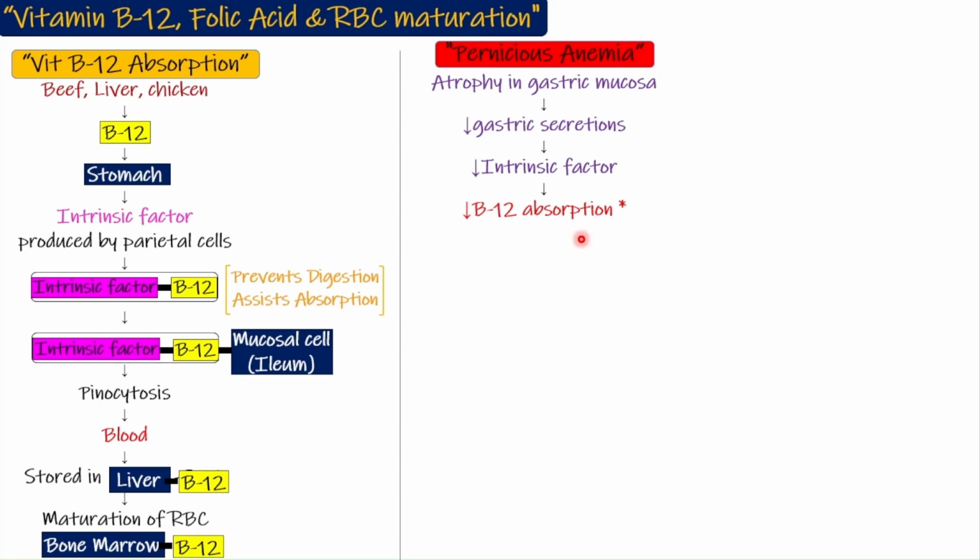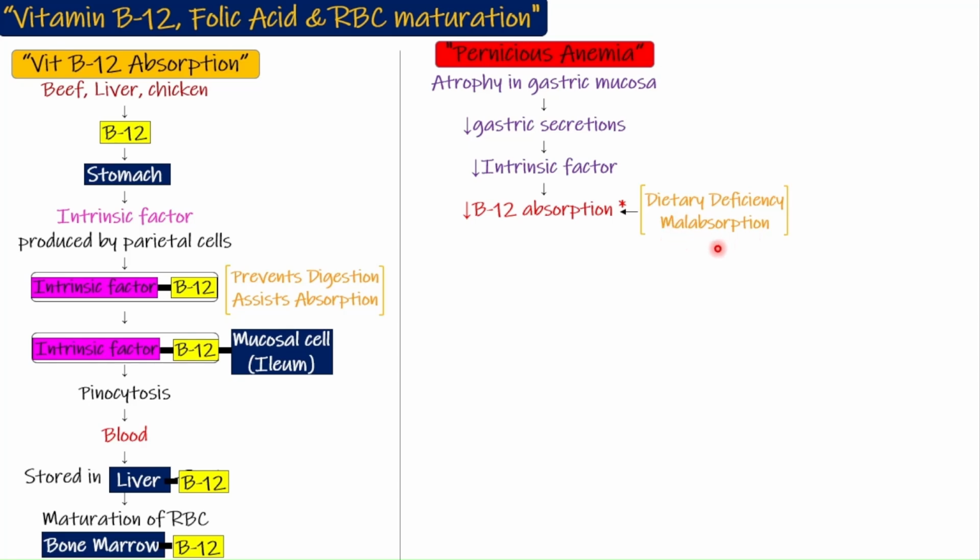So in the body, if there is decreased vitamin B12, does it mean it is only because of pernicious anemia? No, it can also be because of other causes like dietary deficiency. If someone is suffering from malnutrition or not eating things which have vitamin B12 in them, then it is a dietary deficiency of vitamin B12. And the second one is malabsorption.